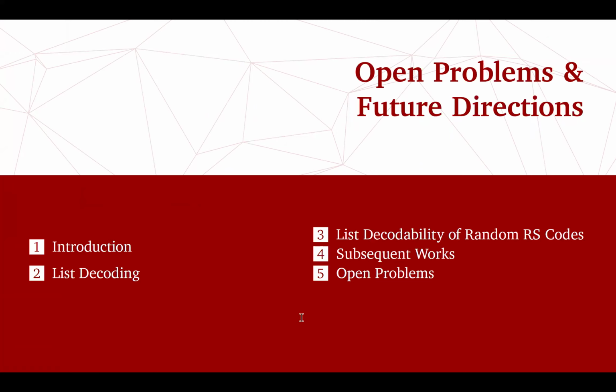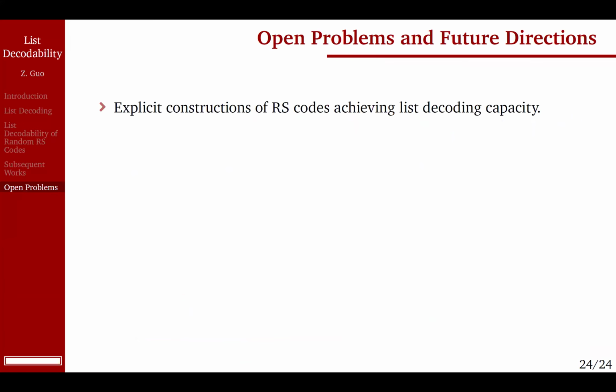So finally, let me list some open problems. Directions. What we know is a random code that achieves the optimal bound. How to construct this deterministically, I don't see an approach to solving. I think this is a big open problem, because let's say you want to know how to deterministically choose the non-roots of certain determinants.